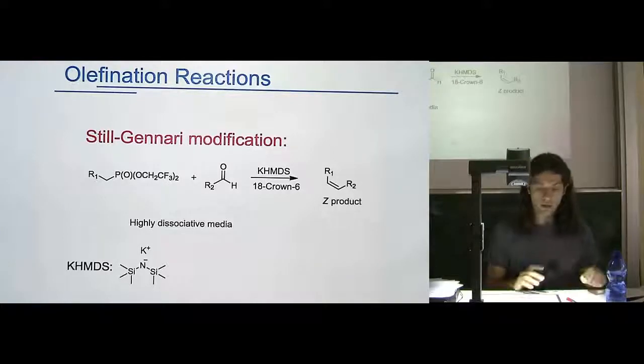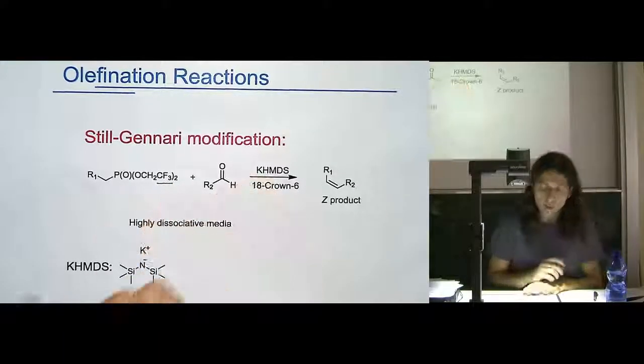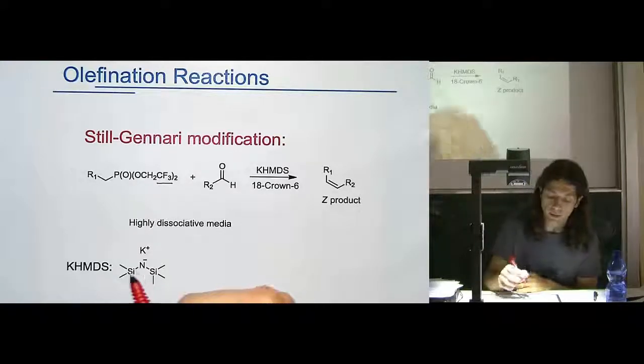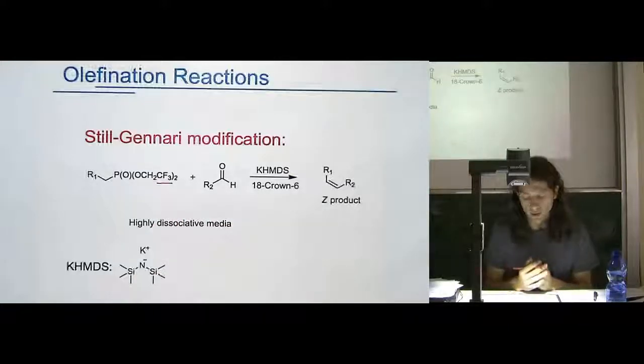The Still-Gennari modification uses a phosphonate derivative which has this group here with a trifluoromethyl group at the terminal, and instead of an ethoxy group it is a trifluoroethoxy group.